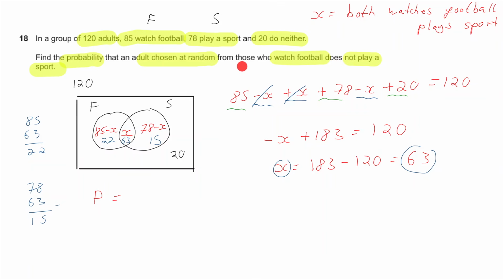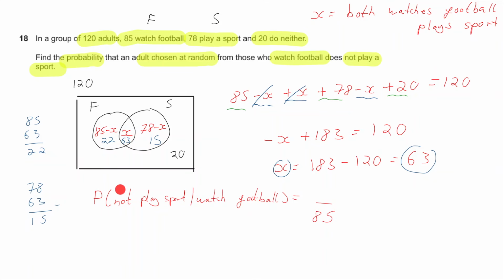So, let's make it clear, the probability that they do not play a sport, given, this means given that you know they watch football. It's going to be out of a total of 22, add 63, which is going to be equal to 85.